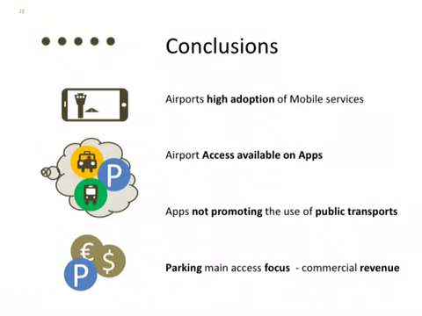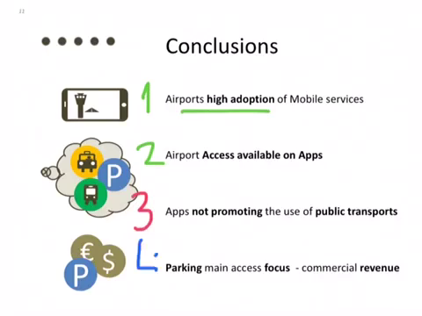So as conclusions, we can say that first, airports have a high adoption of mobile services. Second, those mobile services include airport access information. Third, these applications, however, don't actively promote the use of public transport by offering travel planners and ticketing.